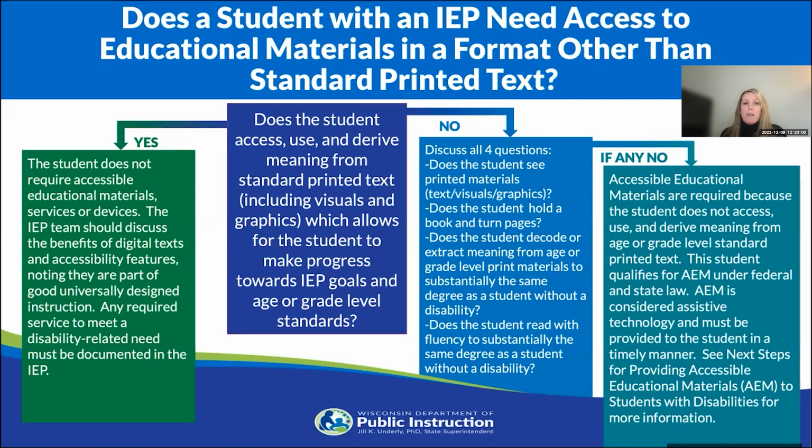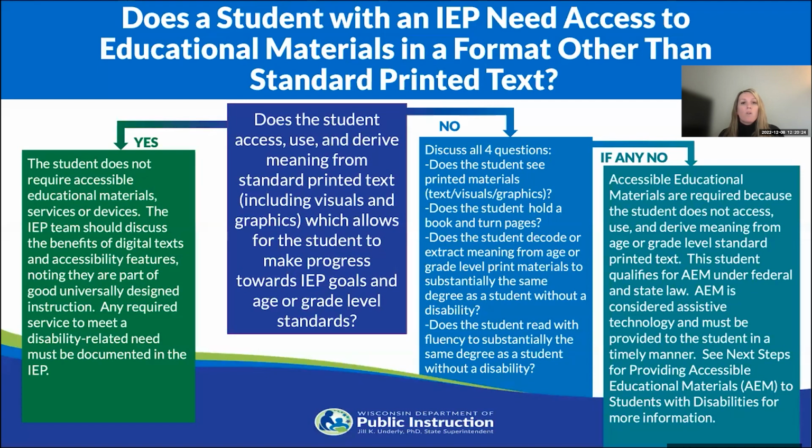If the answer to that main question, again, that main question matches the prompt on that special factors page, if the answer to that is no, we move to the right and we see 4 questions listed. Does the student see printed materials, again, including the text, the visual graphics, or does the student hold a book and turn pages?